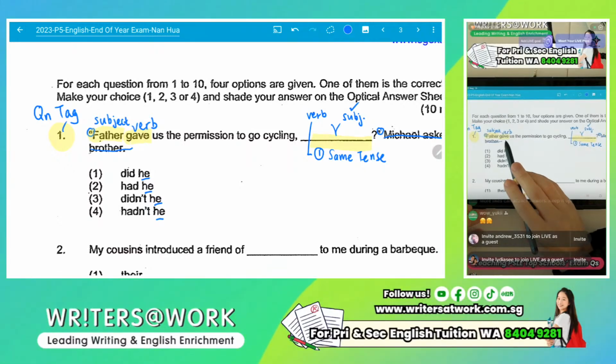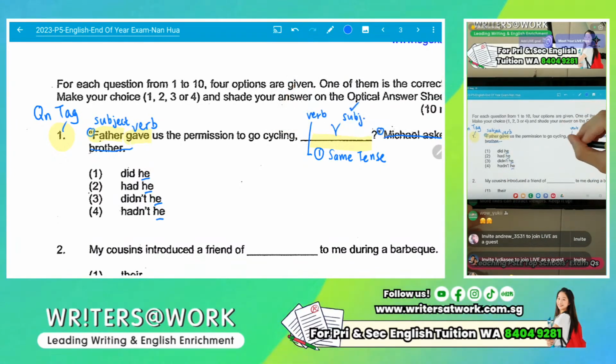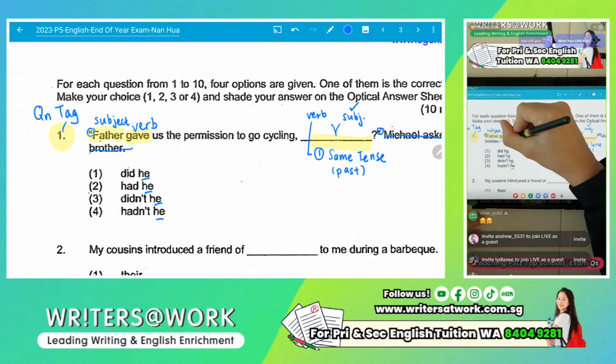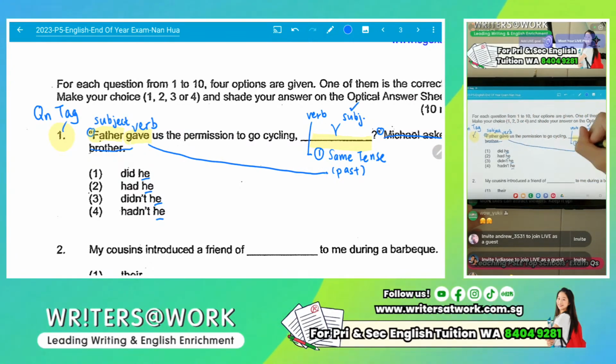What verb tense is gave in? Gave is in the past tense, alright? So that means the verb in the question tag must also remain in the simple past tense. Not past perfect tense, not past continuous tense, but the simple past tense. First important rule to take note of.